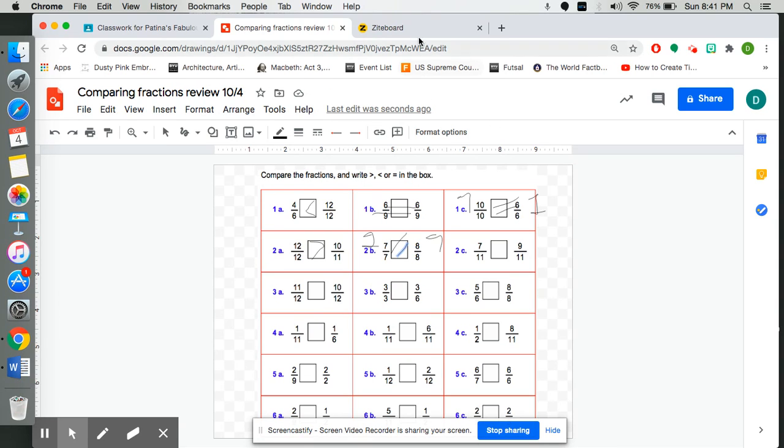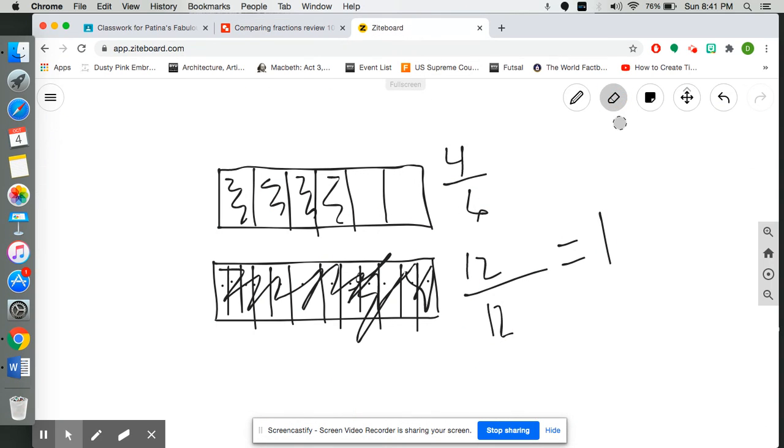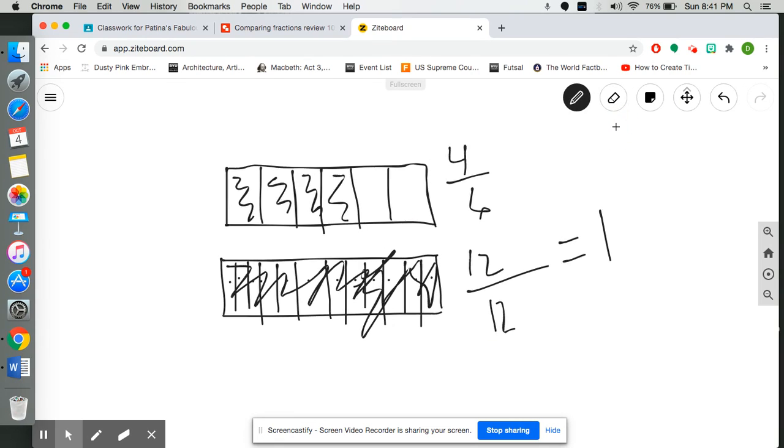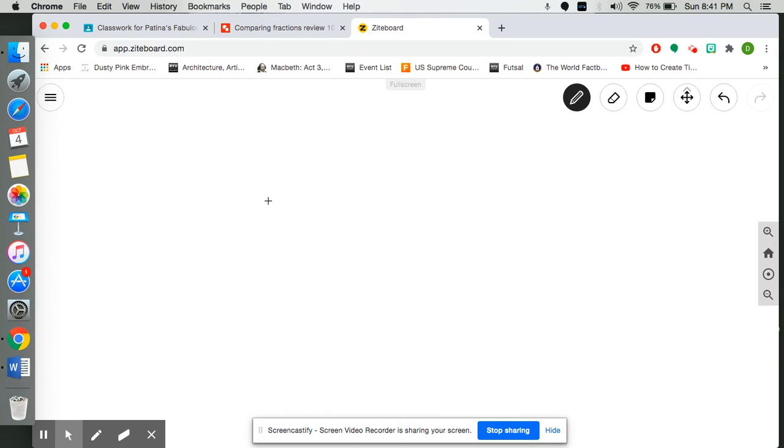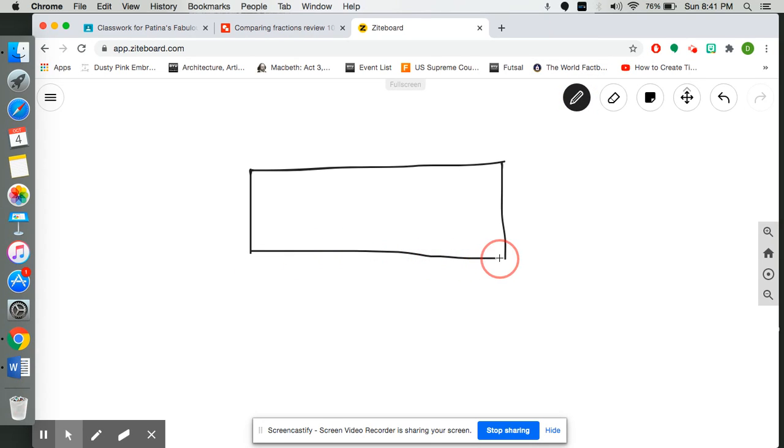So I'm going to go back over here, erase, clear all, and I'm going to compare 7/11 to 9/11. I'm going to draw my fraction bars as usual, and I'm going to draw some rectangles and compare them. So we have this one and then also this one, and we'll see which one is bigger.